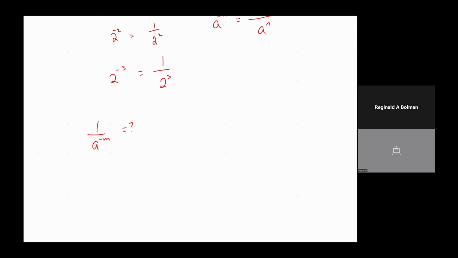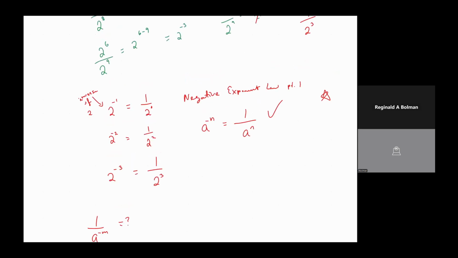In fact, there is. And there's a number of different ways of proving or demonstrating what happens whenever you have a number that's in the denominator of a fraction raised to a negative exponent. On the one hand, just like before, I could give myself a bunch of cases and force myself into finding a pattern.